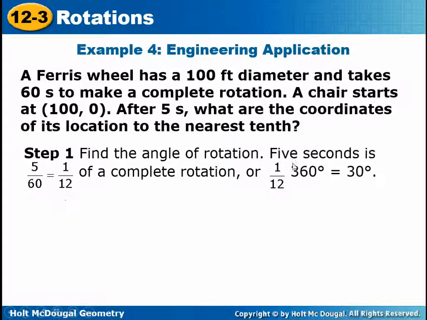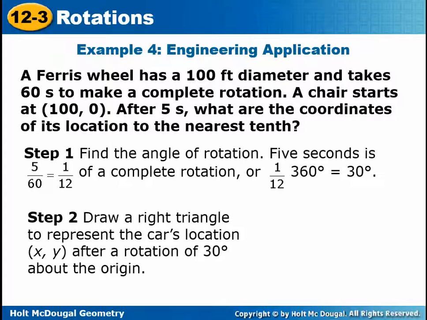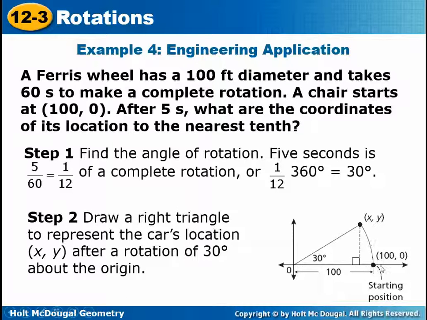So that's 1/12, and there's 360 degrees in a circle, so it's gone 1/12 of the circle. This is arc length. And 1/12 of 360 is 30 degrees. So our angle of rotation is 30 degrees. So we start here at (100, 0), and we'll rotate up to there.